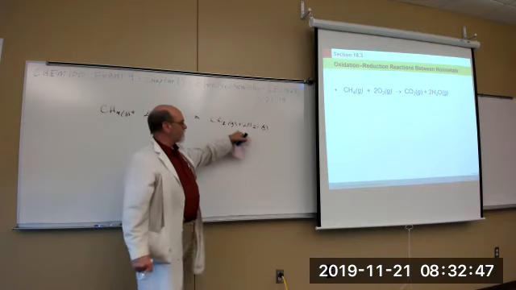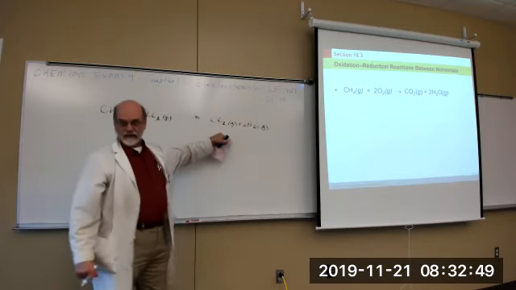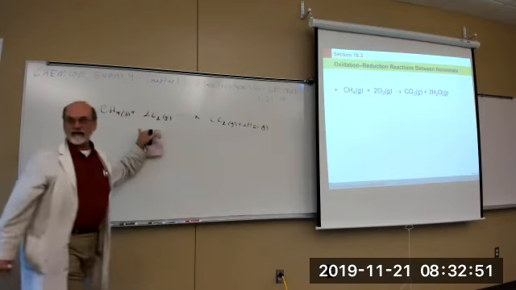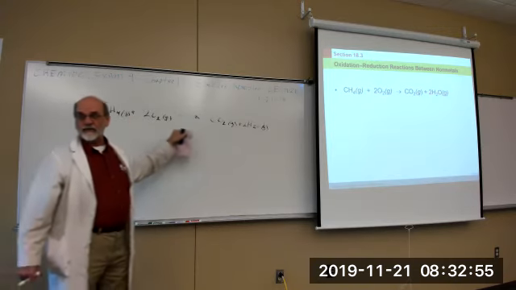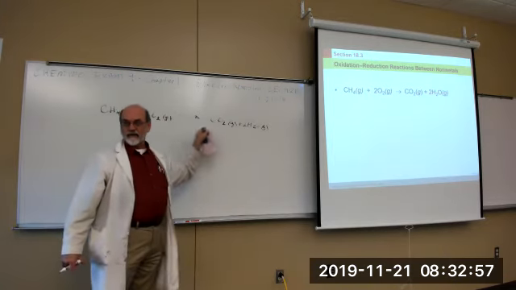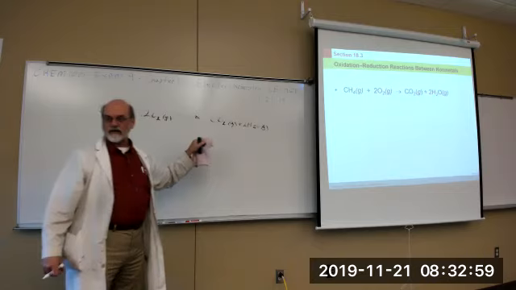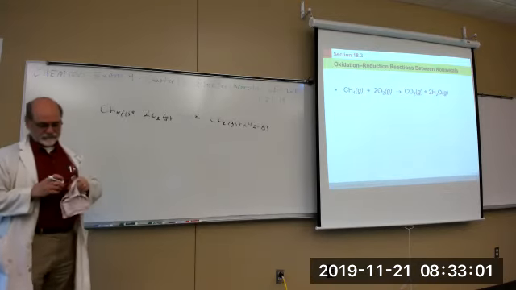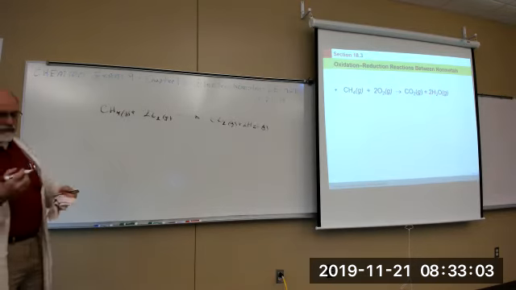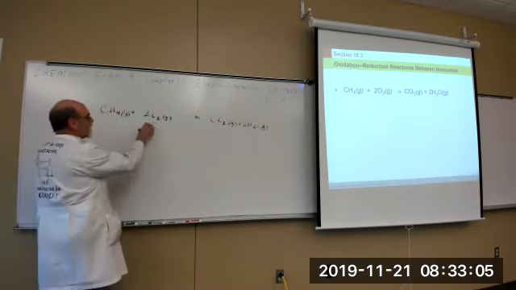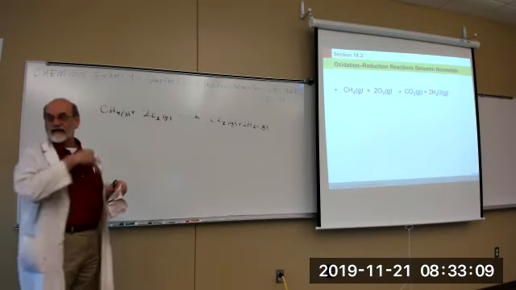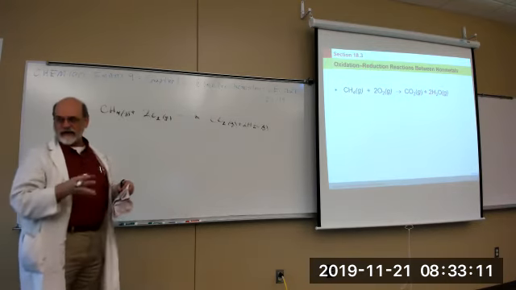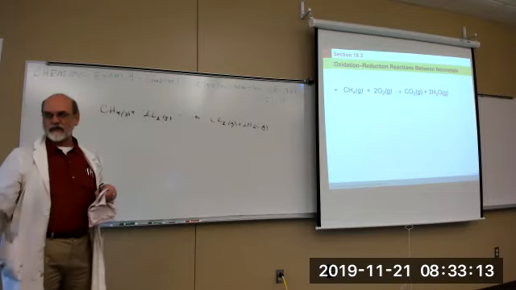If we had an oxygen on this side as an element, and it came from a compound, same story. If it changes from an element to a compound in the process, then you have an oxidation reduction. Now, that doesn't mean that you always have to have an element there. But if you do have an element on one side, ends up in a compound, it has to be oxidized or reduced, one or the other.